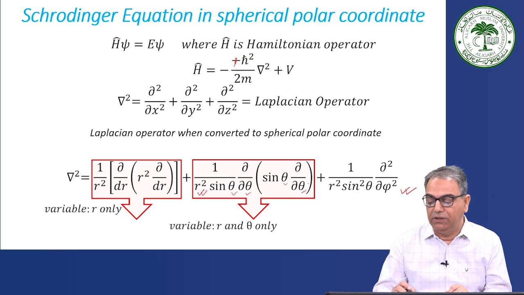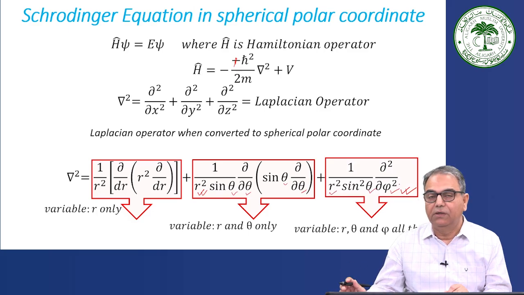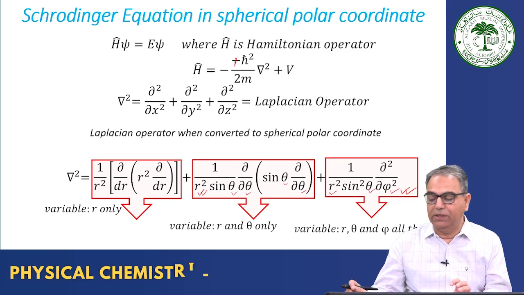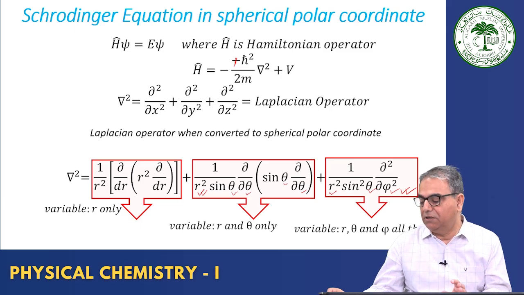In the third part, all three are present: r, theta and phi. So, the Laplacian you get is gradually increasing in complexity: the first term has the r variable only, the second term has r and theta, and the third term has all three variables, r, theta and phi.